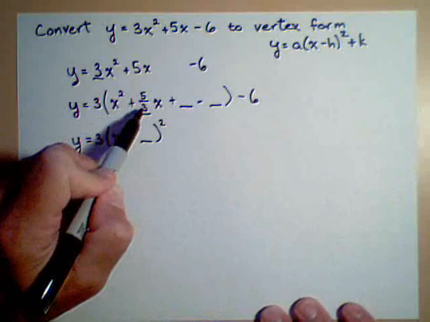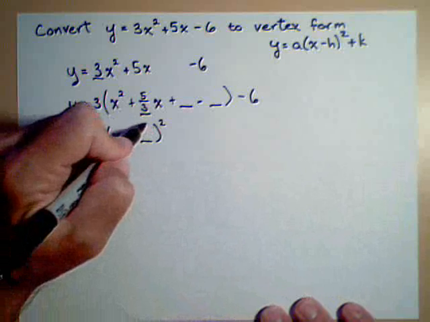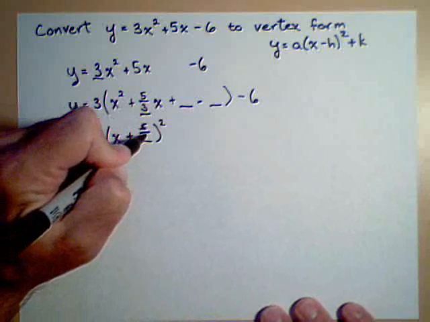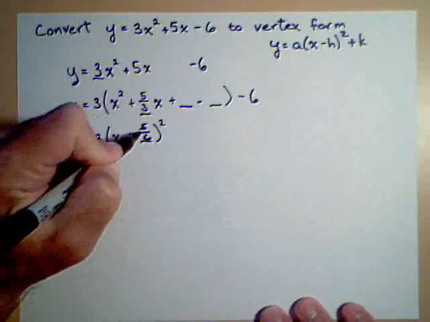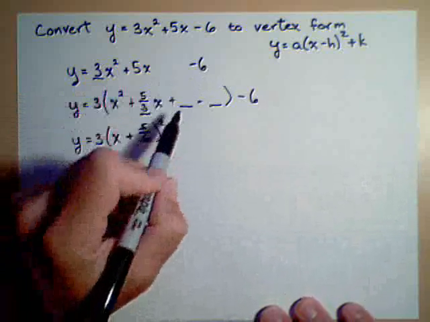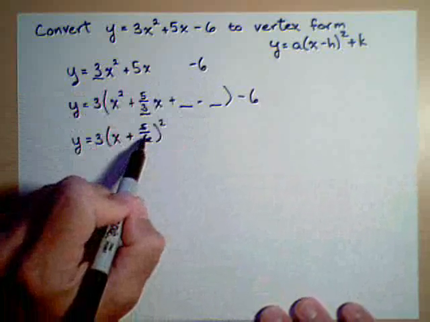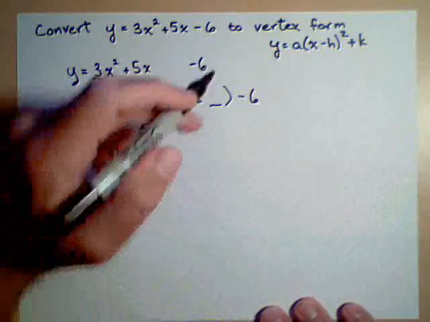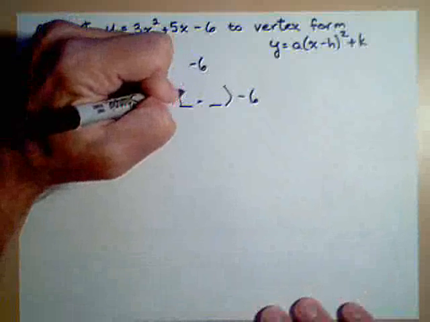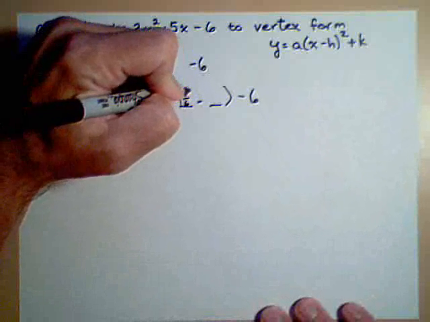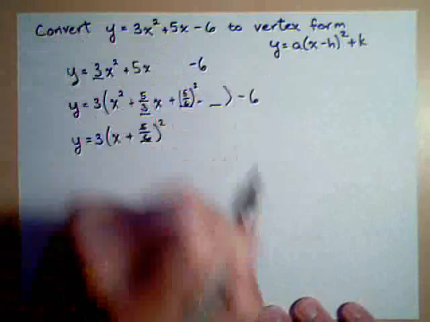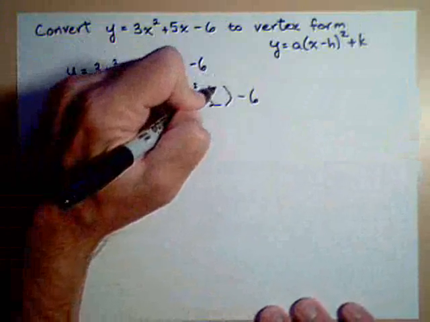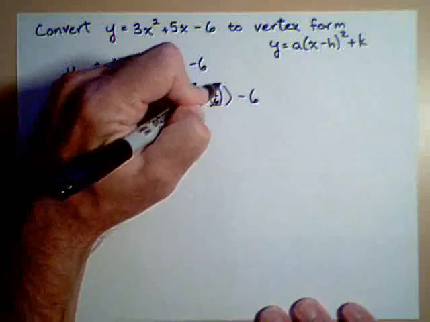So 5/3 times 1/2 is 5/6. That also tells us what goes here and here. Remember, it's this number squared that goes here and here. So we have a 5/6 squared there, and also 5/6 squared there.